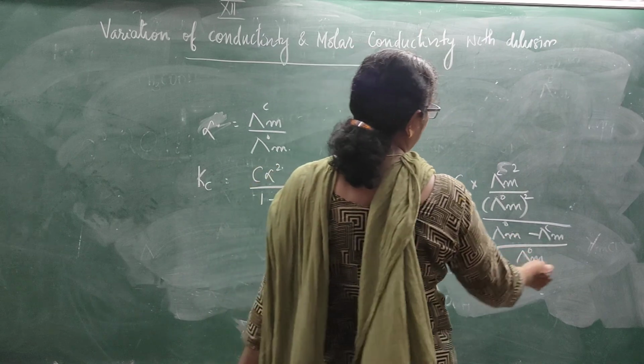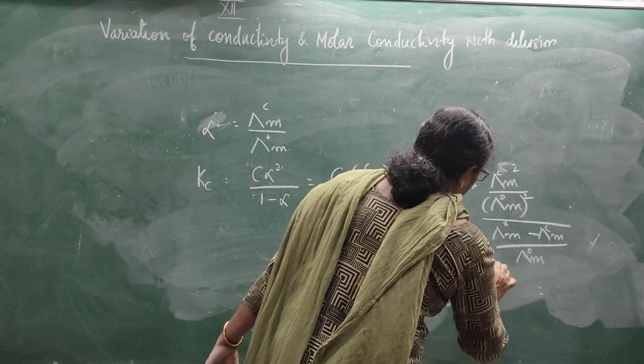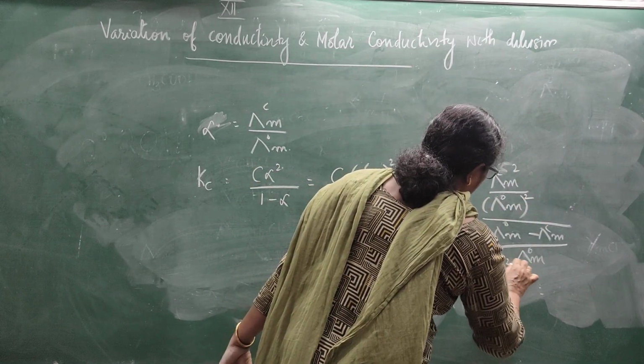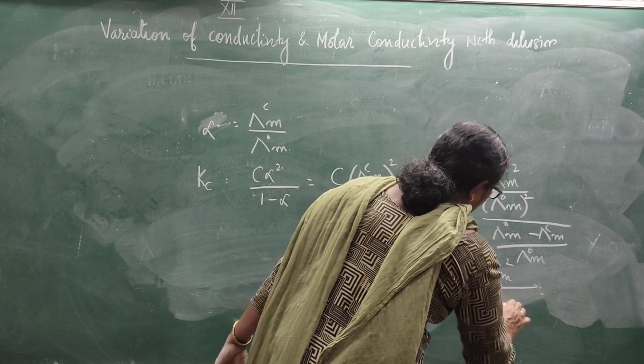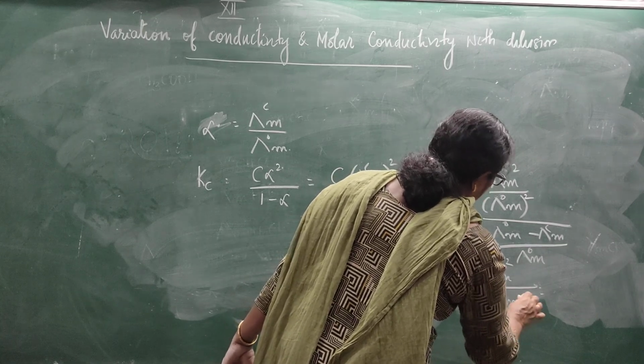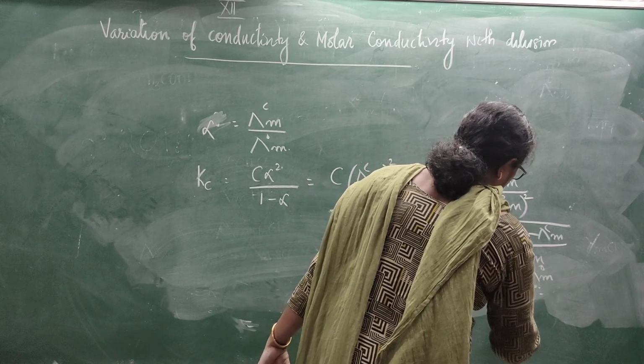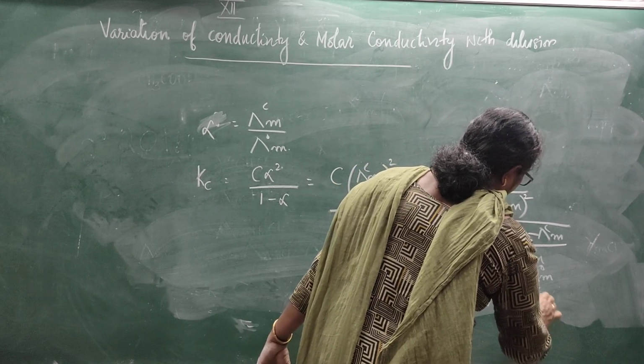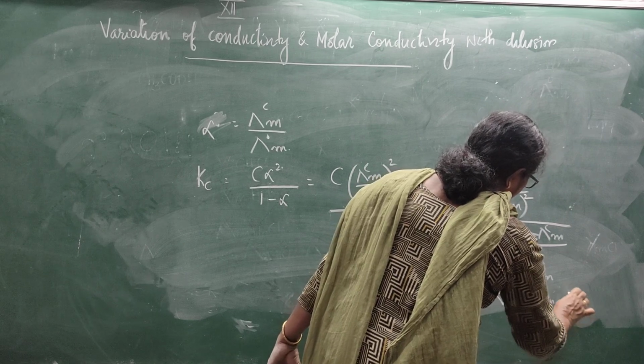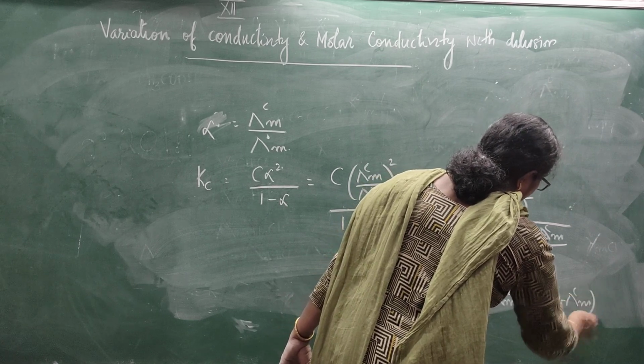This lambda m naught will go up. So what will you write? Lambda m at any concentration squared by lambda m naught into lambda m naught minus lambda m at any concentration.